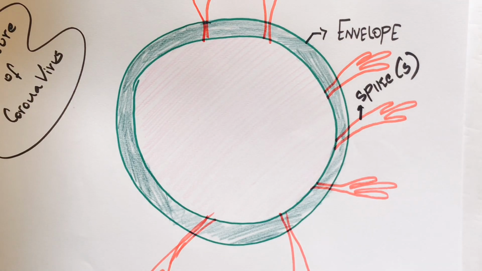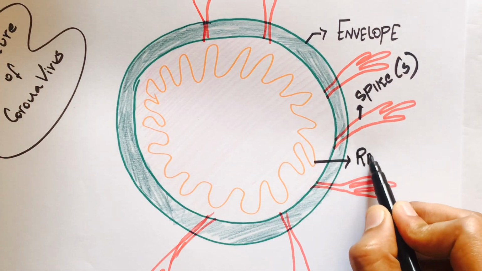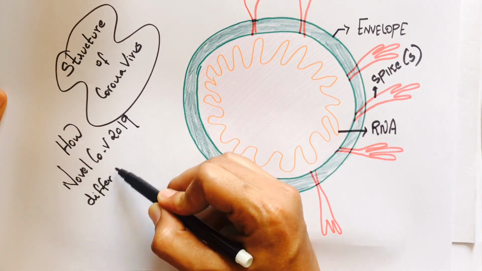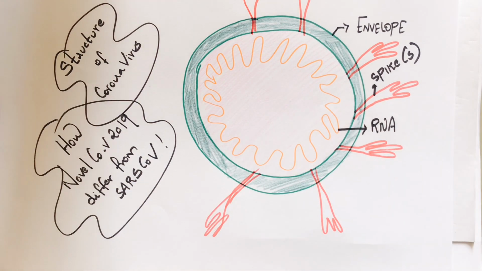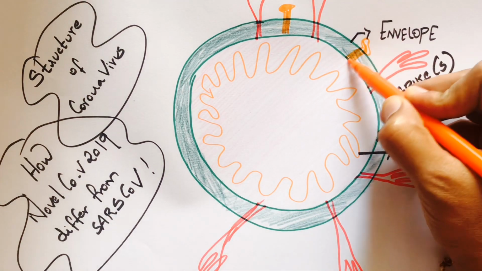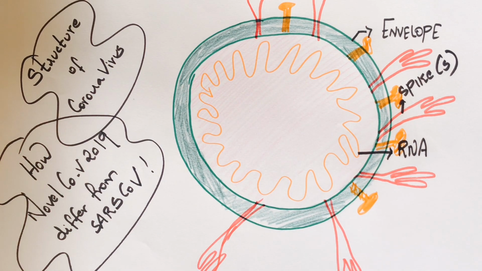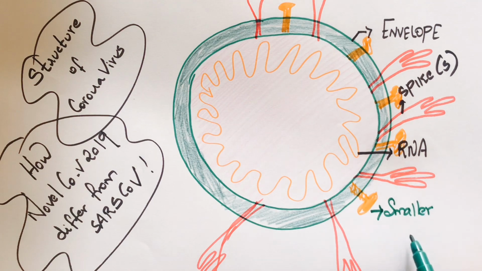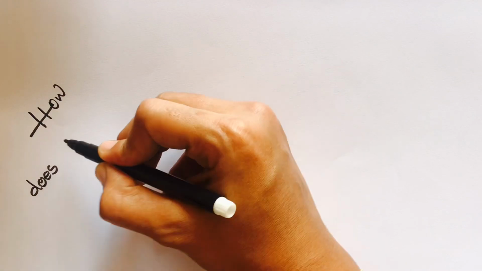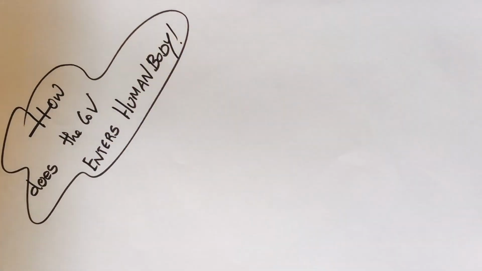And the genome of the coronavirus is single-stranded RNA. Now it is believed that the novel coronavirus 2019 differs from the other strains of coronavirus with the presence of an extra smaller spike protein called hemagglutinin esterase receptor. So this virus contains the longer spike and smaller spike receptors.